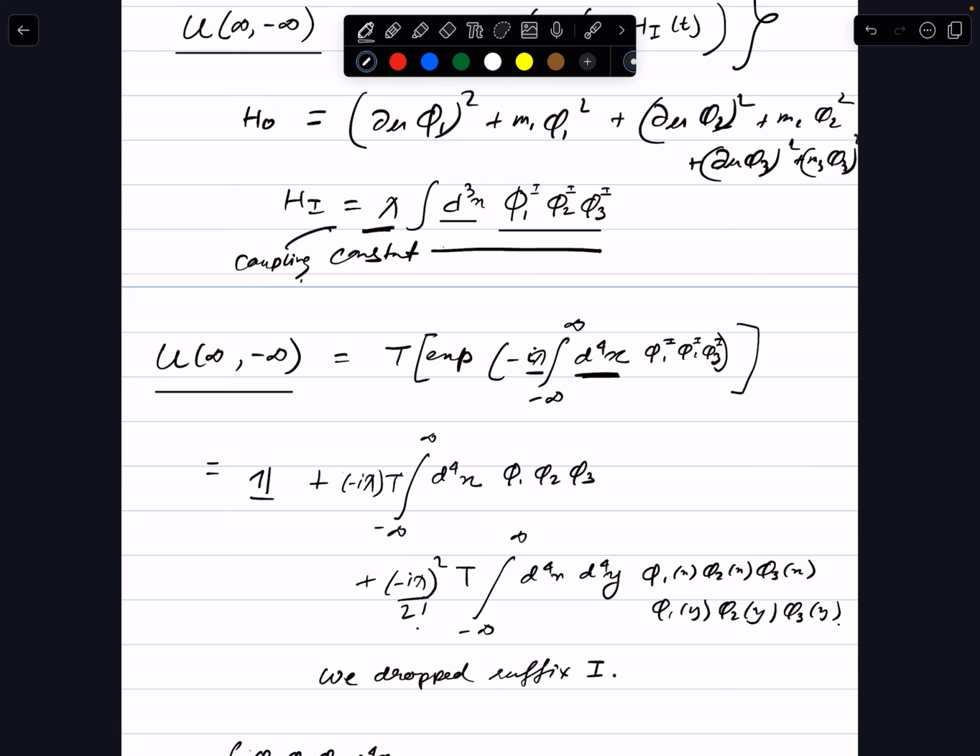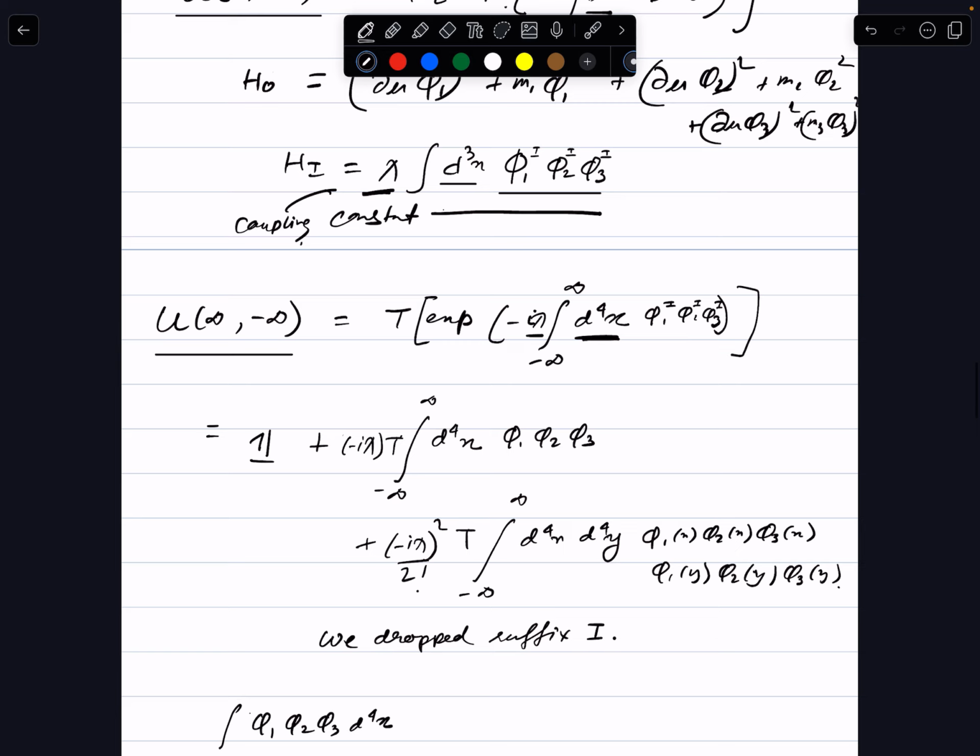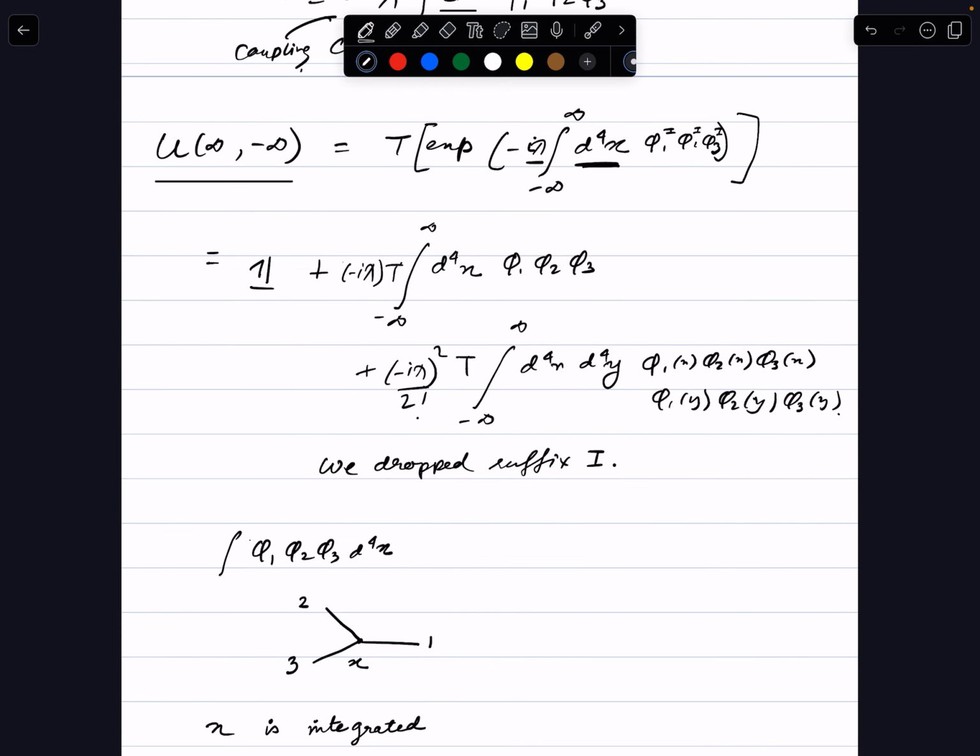Okay, and now the trick is to expand this and evaluate this order by order. So I expand this. The first term is this. I have already done this a few times, so you already know this. Phi 1, phi 2, phi 3, and then the next term is phi 1, phi 2, phi 3, and another phi 1, phi 2, phi 3.